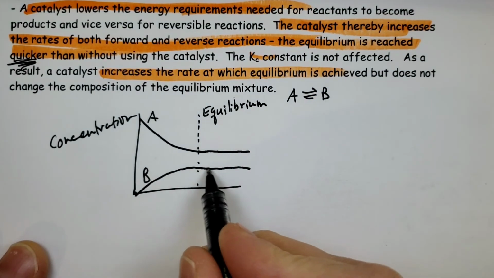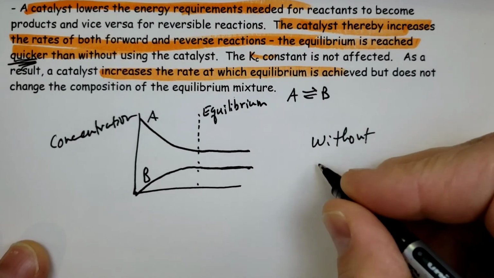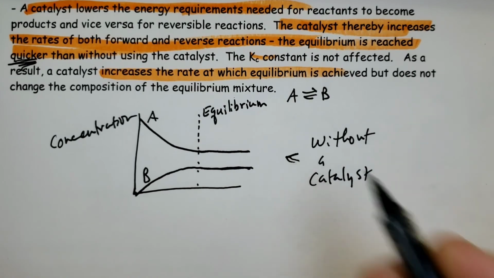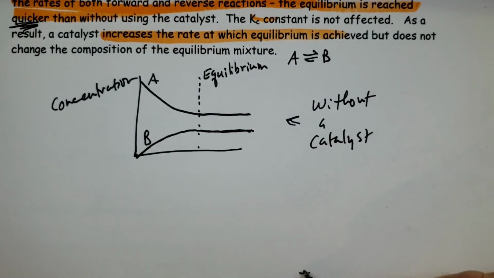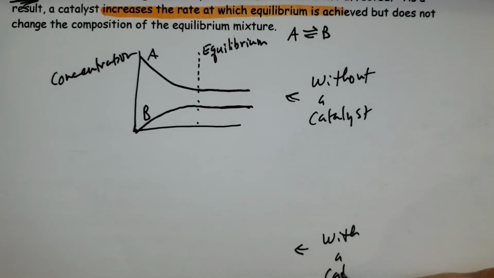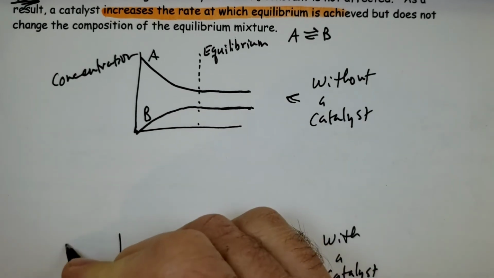The beginning of the flat line. Without a catalyst, it would look something like that. Okay? With the catalyst, it speeds up the reaction, right? So we could redraw it here.